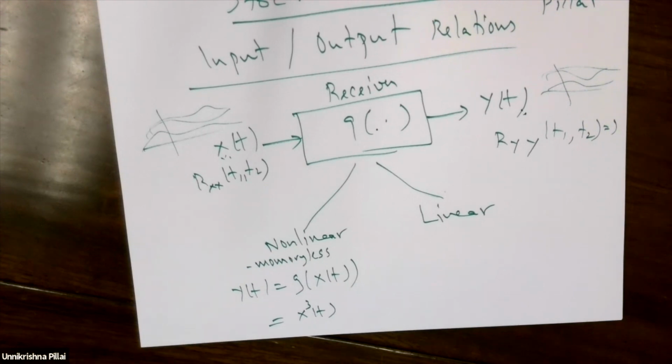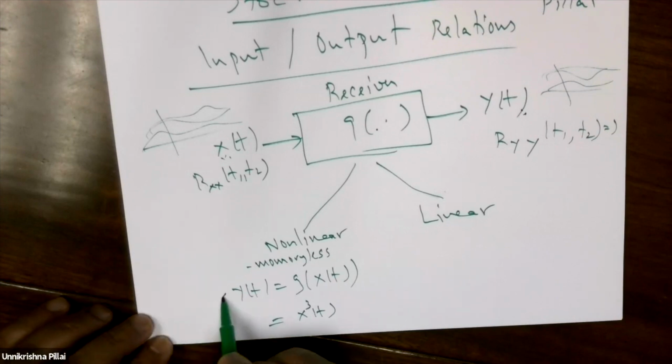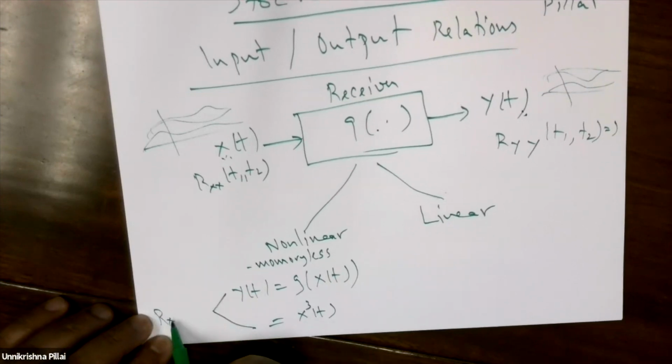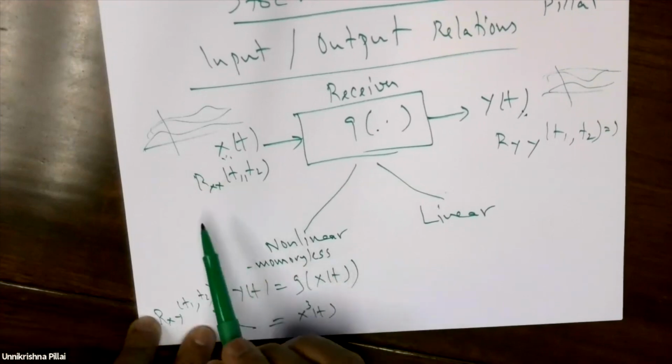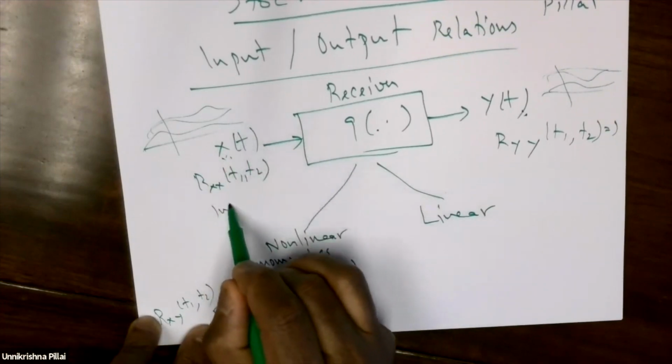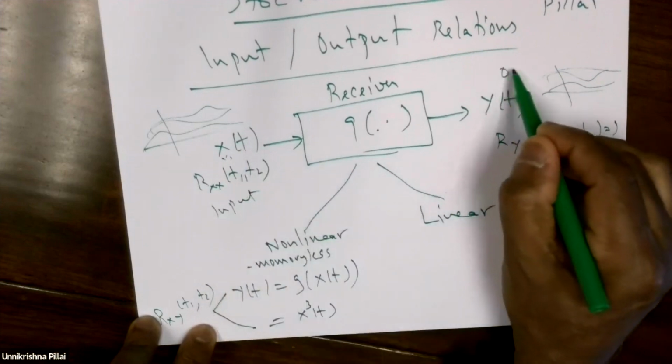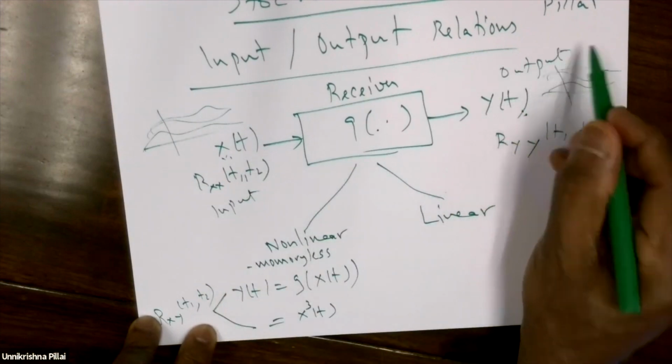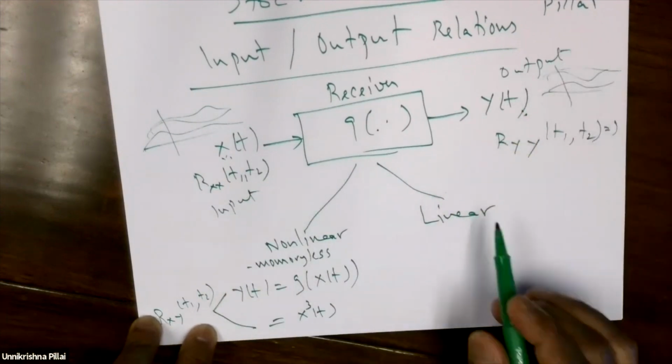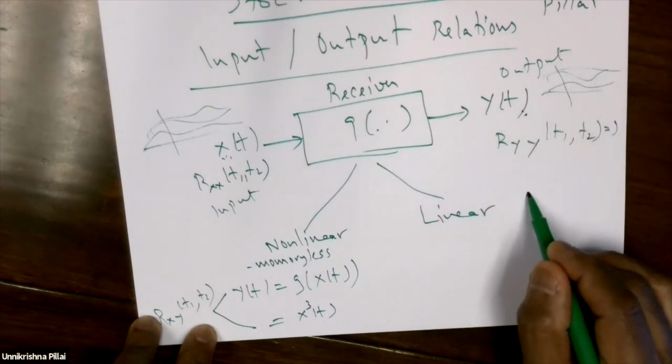Now, in my lecture notes, I have derived the cross-correlation function for input and output. Remember, this is the input, this is the output. We want to study input-output relations, mostly for linear systems.